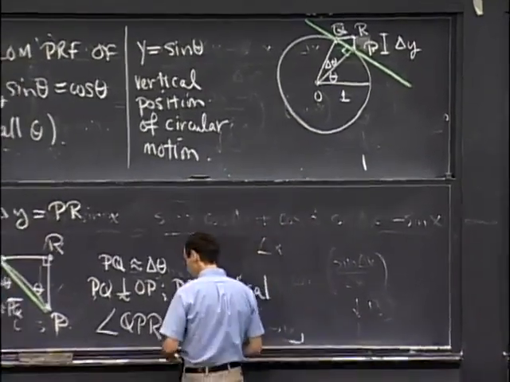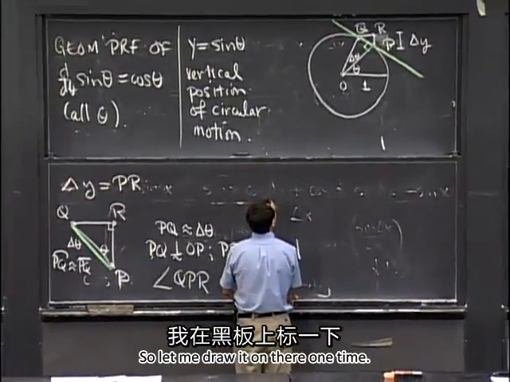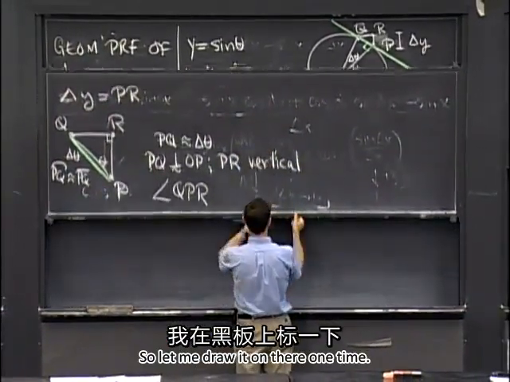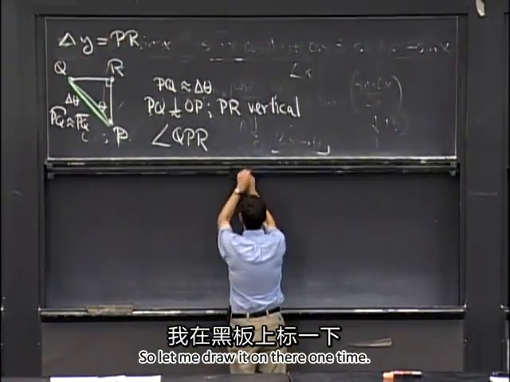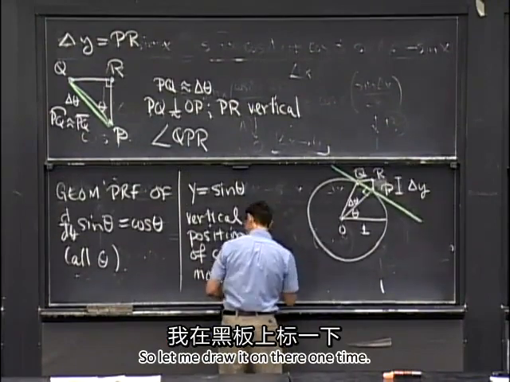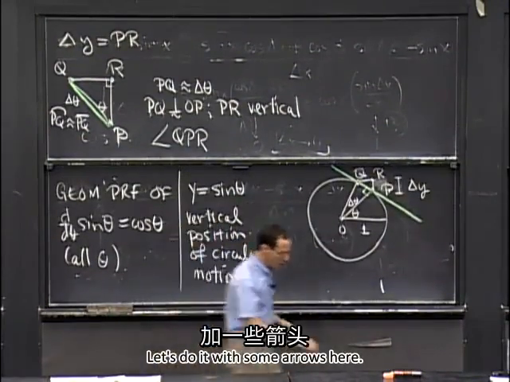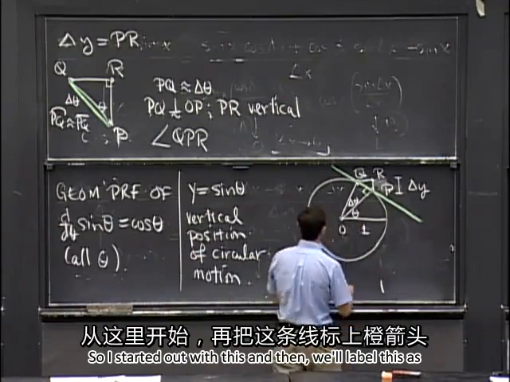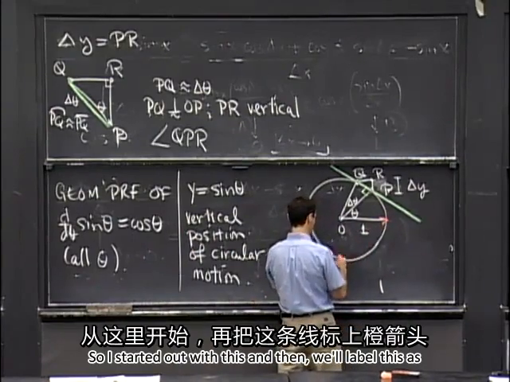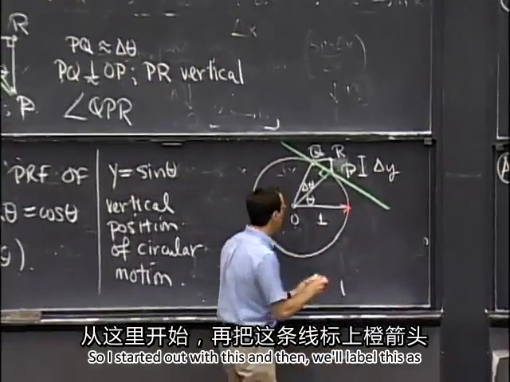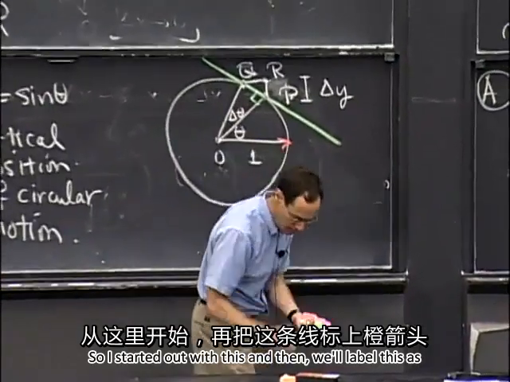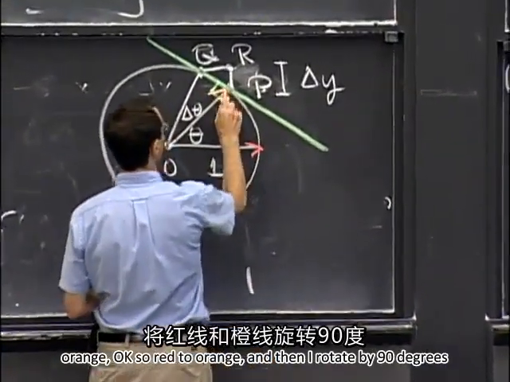Okay? So let me even... Well, I think I will draw it on there one time and see if you can. Let's do it with some arrows here. So I started out with this, and then we'll label this as orange.